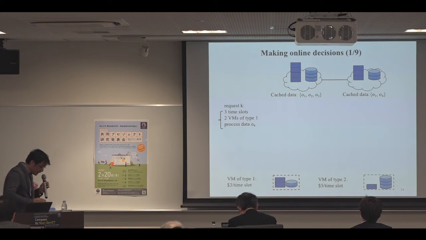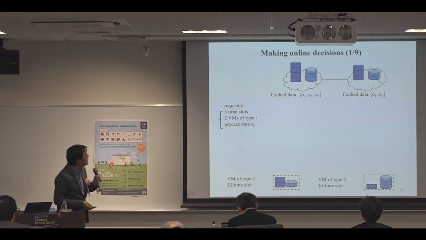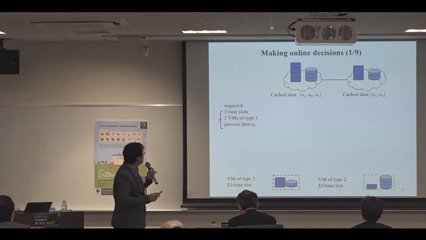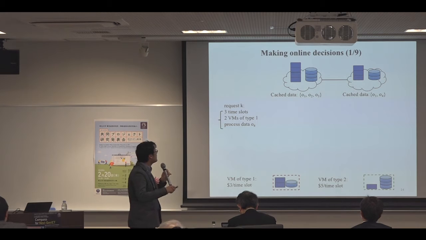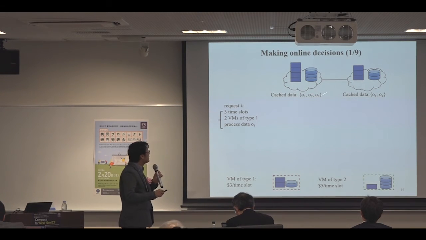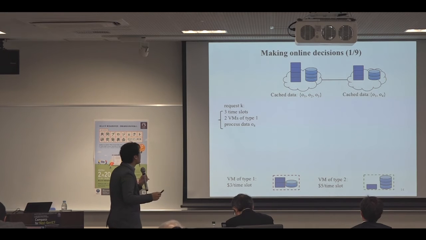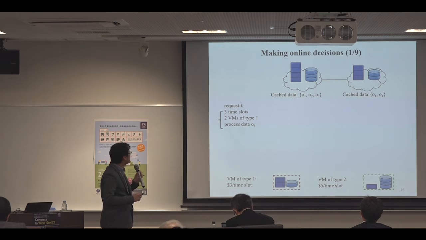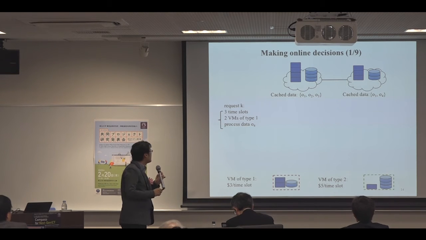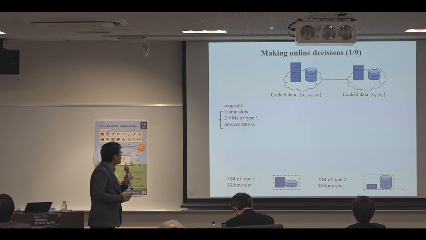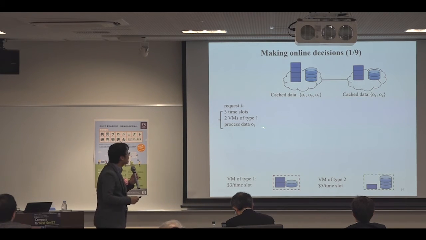To see why it is important, for example, at some time there are two edge data centers and a request like this. It requires two virtual machines of type 1, and to process data 4.